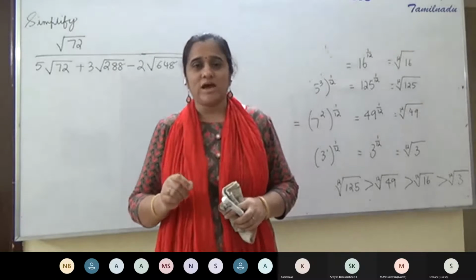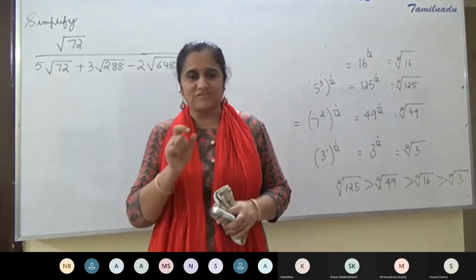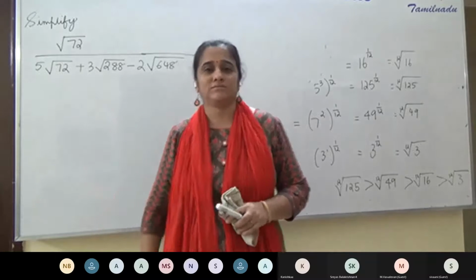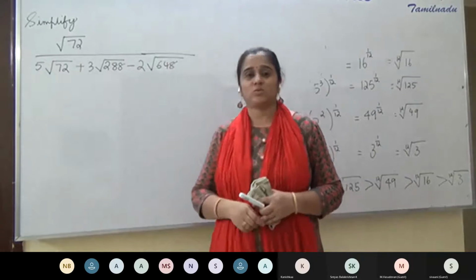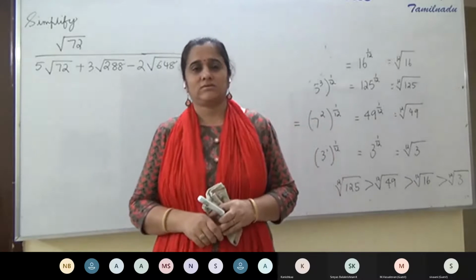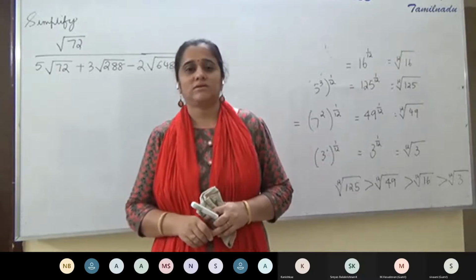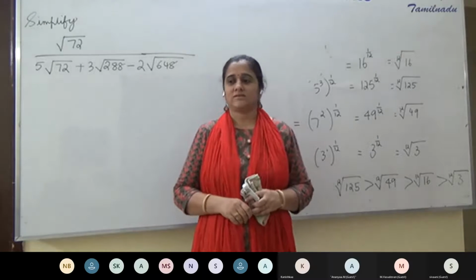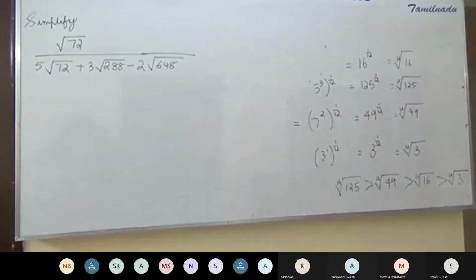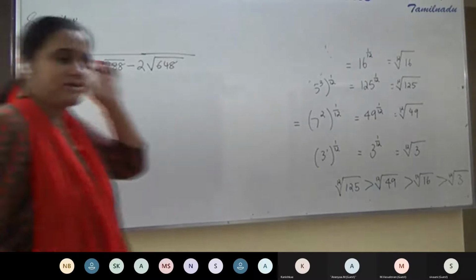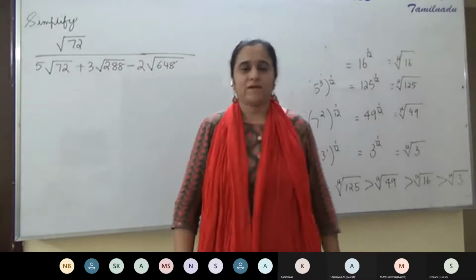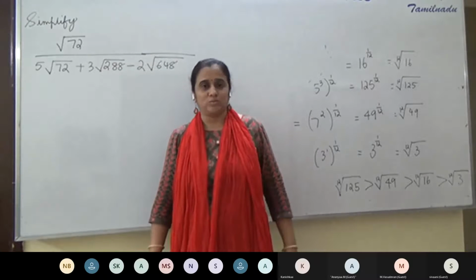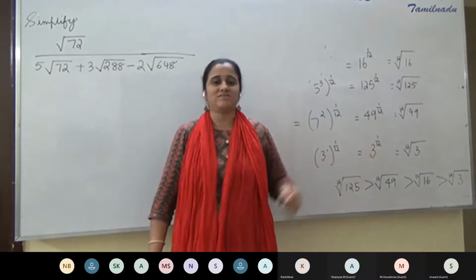Yes, 6 square into 2. Very good. So 72 is 36 into 2, and 36 will come out as 6.